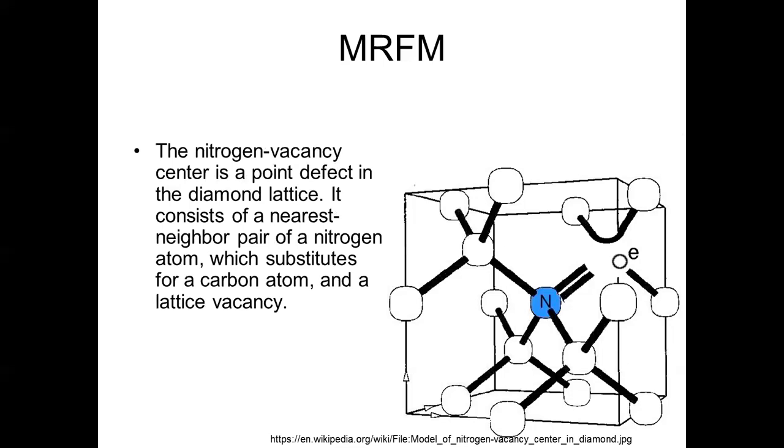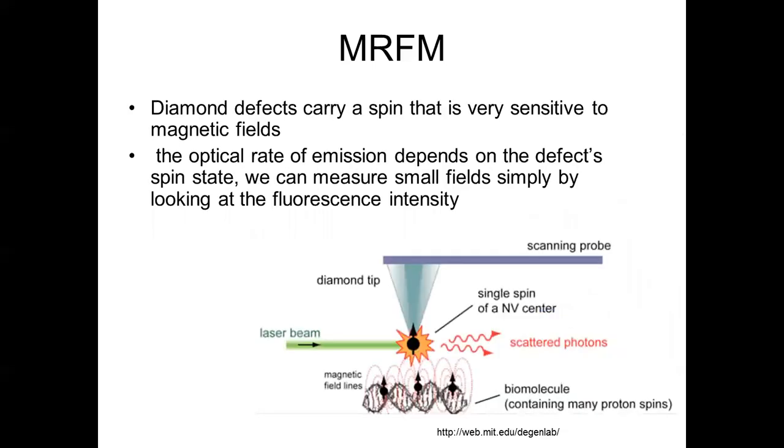So this defect in here, this point vacancy defect in the diamond lattice, gives us this magnetic moment within our probe tip. So the diamond defects carry a spin that's very sensitive to magnetic fields.